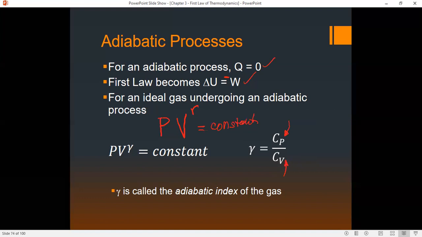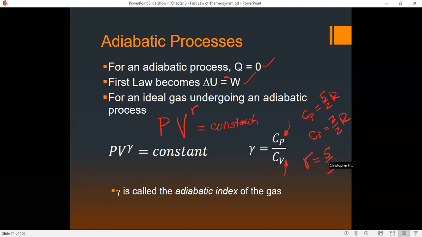It's called the adiabatic index. And we remember CP for a monatomic gas was 5/2 R. CV was 3/2 R. So for a monatomic ideal gas, 5/2 R divided by 3/2 R gives me 5/3.